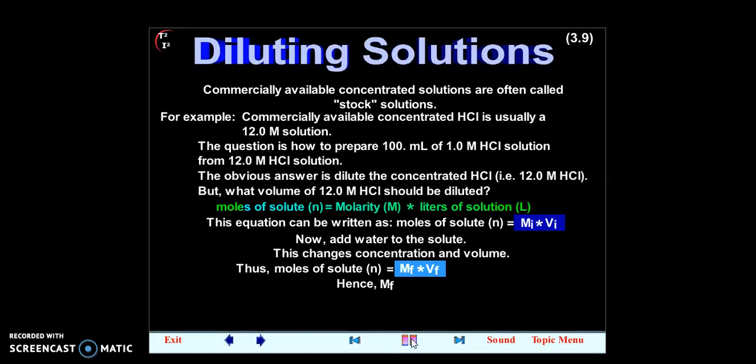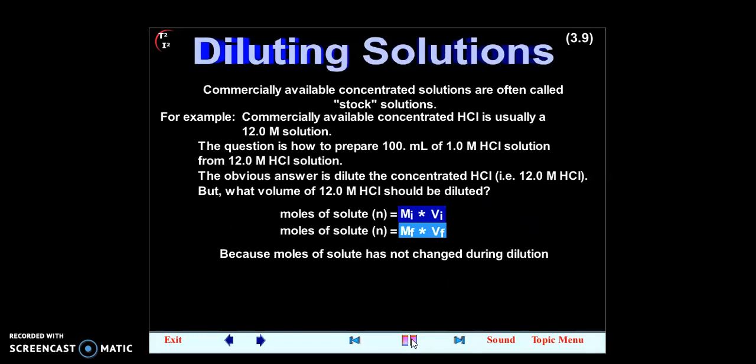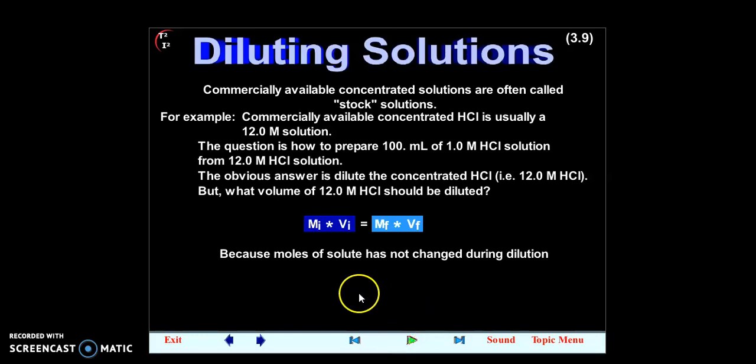So in other words, when you combine the two, we have MiVi equals MfVf. So this is the formula we're going to use for dilution.